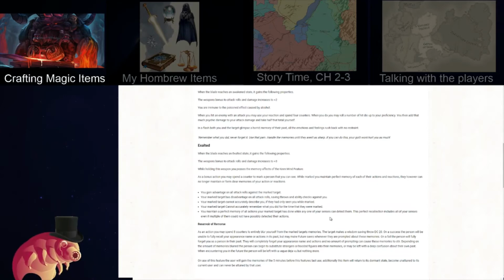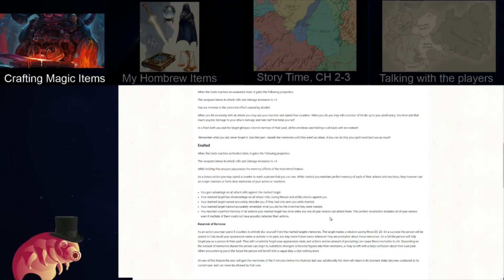You maintain a perfect memory of all actions your marked target has done, while any one of your senses can detect them. This perfect recollection includes all of your senses, even if multiple of them could not have possibly detected those actions.